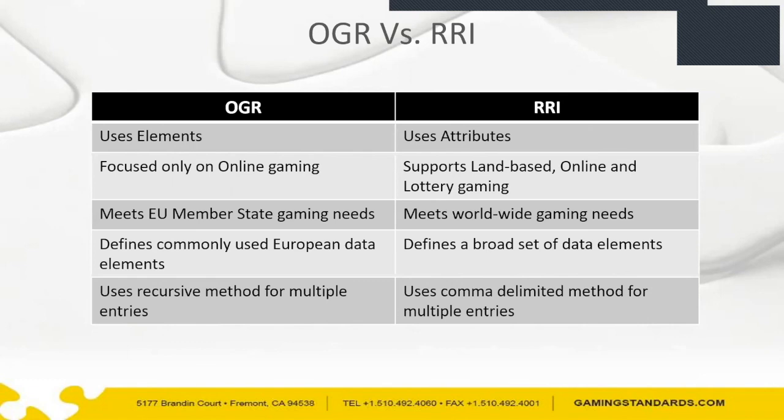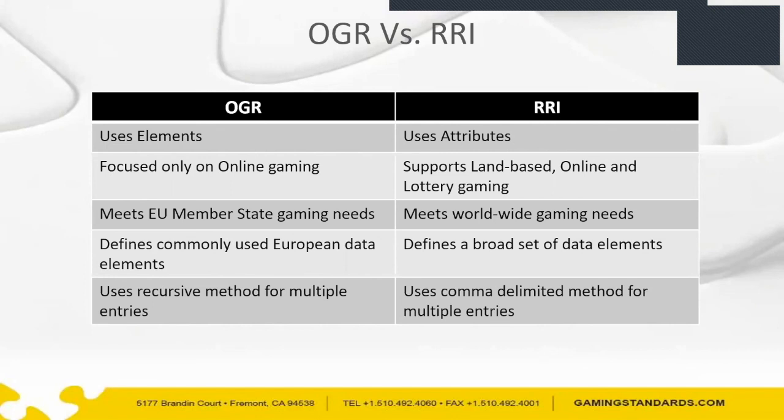Now, I mentioned that we wanted to make sure that OGR and RRI were as close to each other as possible. And they are. In fact, we achieved our goal. There's only a few differences, and I'll go through them. OGR uses elements, whereas RRI uses attributes.